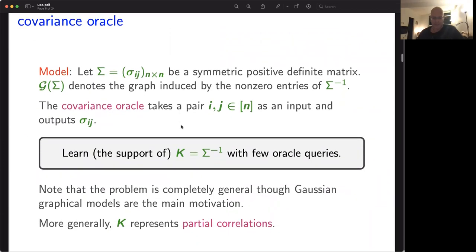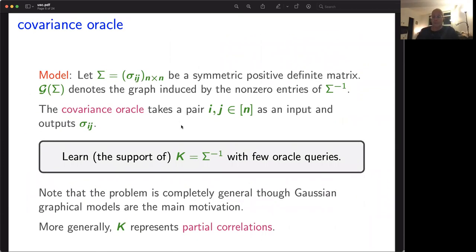So here's the model that we introduced to study this problem. And now we will forget the Gaussian motivation. This is really just, if you wish, a computational algebra question. So suppose that we have a symmetric positive definite matrix. This would correspond to the covariance matrix of the Gaussians.